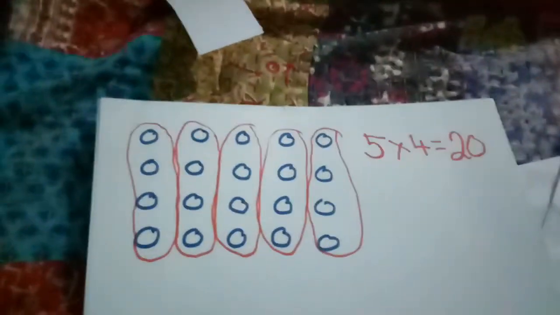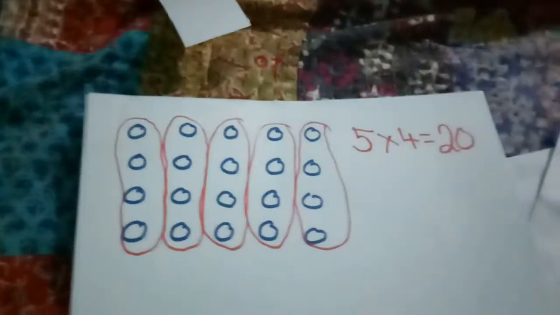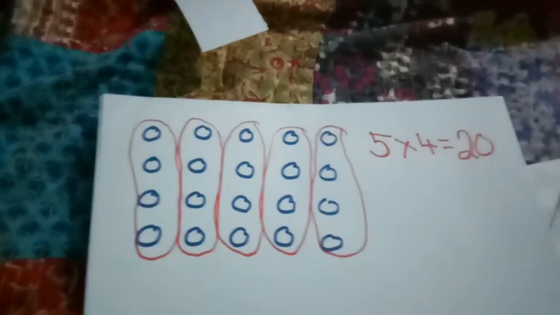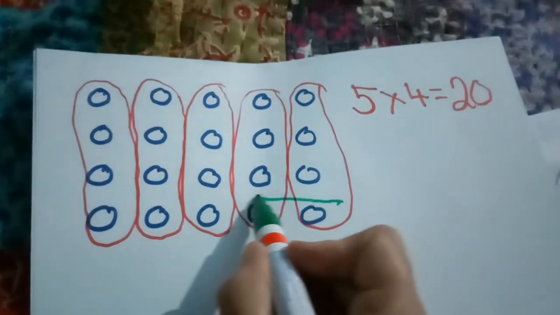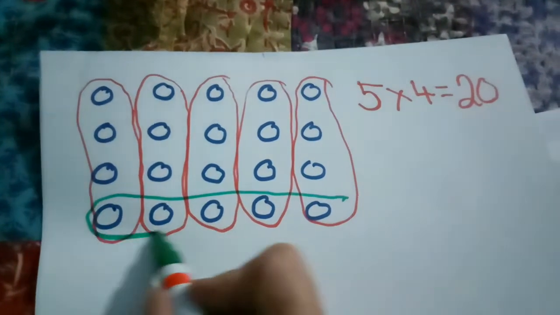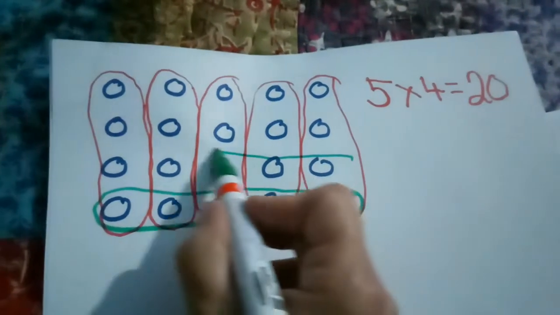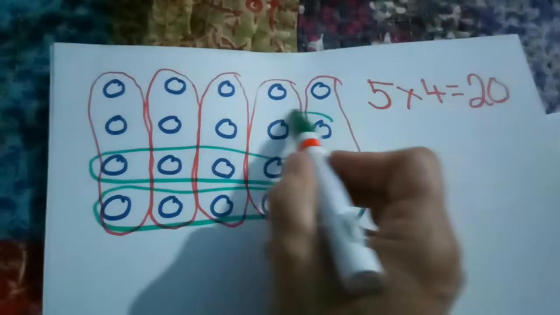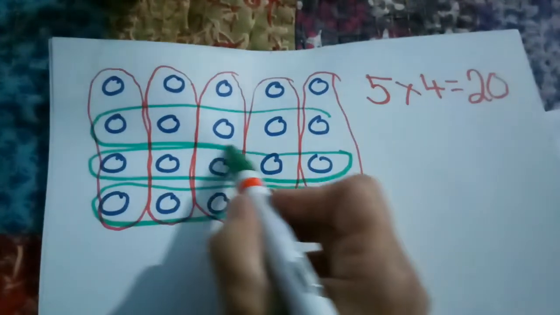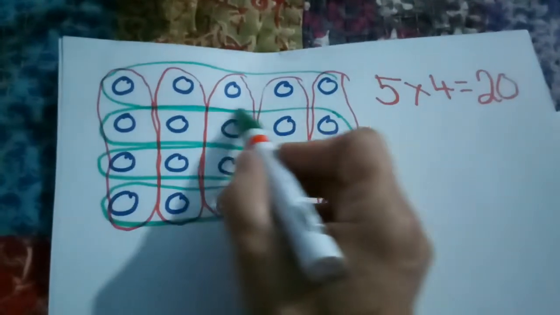Okay, now there's another way that we can do this. I'm going to grab a different colored pen because there's some other groups we can make here. We could make groups of 5. There's one group of 5, another group of 5, there's another group of 5, and there's another group of 5.